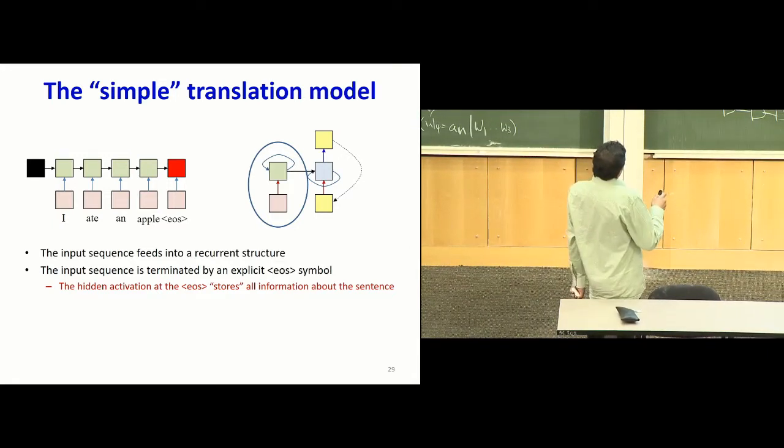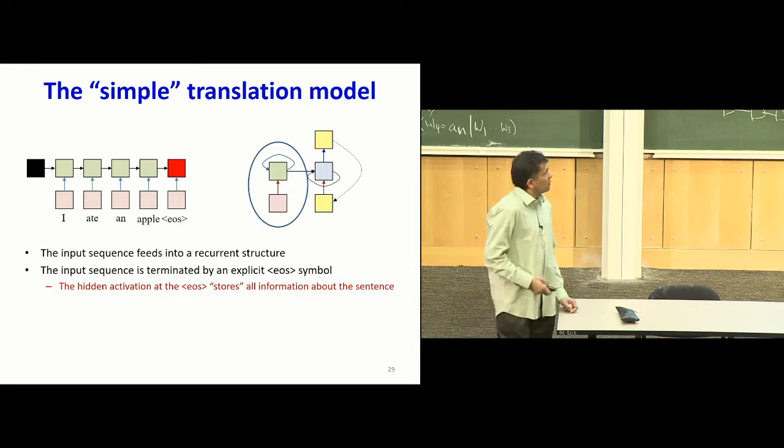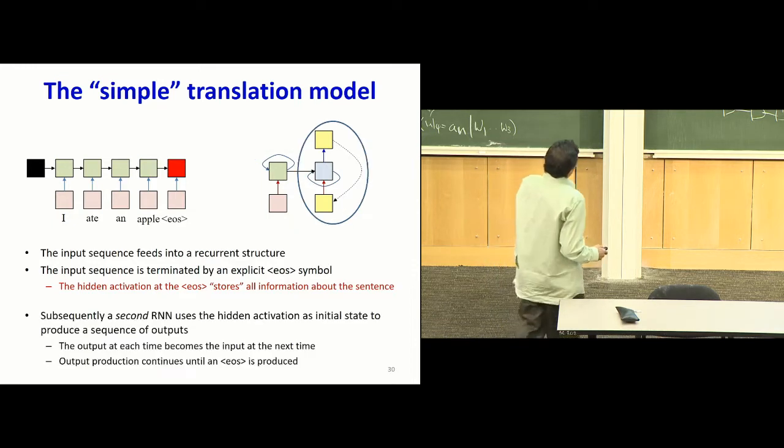So the input sequence, let's say you are trying to translate "I ate an apple." The input sequence would feed into a recurrence structure. And since this is a sentence, as soon as the end of sentence marker is encountered, you know that there are no more words to process. And so the final hidden representation over here is going to be treated as the activation that stores all of the information about the sentence.